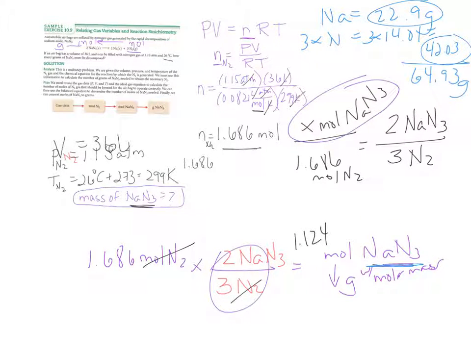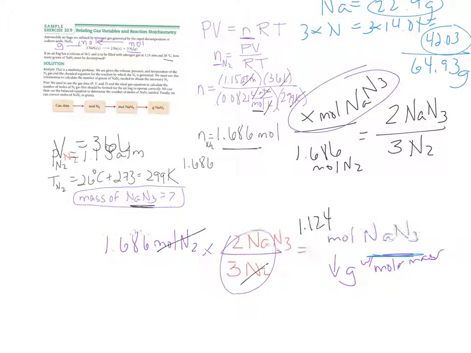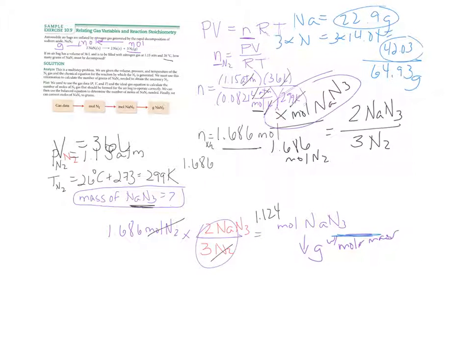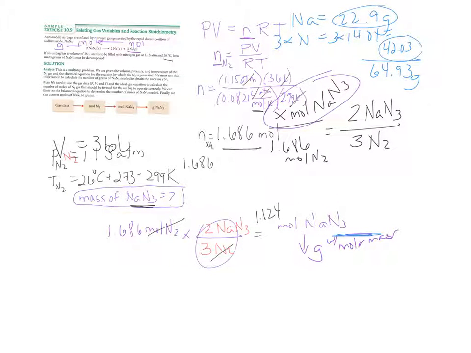So let's make this smaller. So now we will figure out how many grams we have of sodium azide. So we know we have, what color should we do this in? Blue. We know we have 1.124 moles of sodium azide.